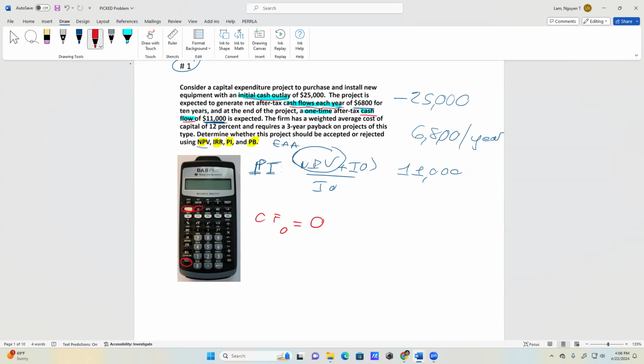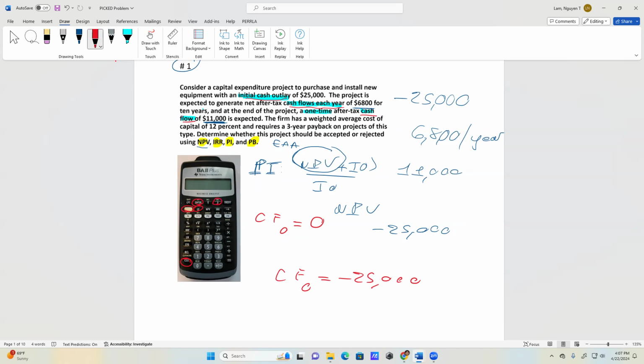Now to compute the net present value, you first input negative 25,000. So that's what I'm going to do: 25,000, change it into a minus sign. Your calculator right now should show CF0 equal negative 25,000. You hit the enter button and hit the arrow down.